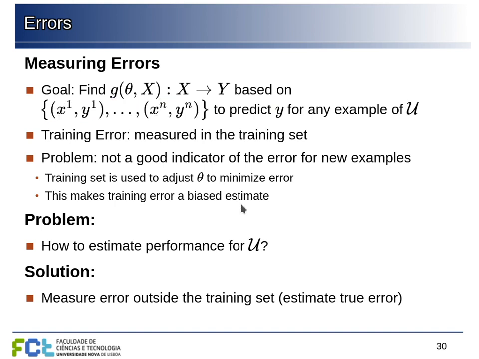This means that we are adjusting the parameters to minimize this particular error measure, and that can lead to overfitting because we choose a hypothesis that is too much adjusted to the training set and then doesn't work well outside the training set. So this would be the solution. We can monitor error outside the training set using another set of data that is not being used to optimize the parameters. This could be an estimate of the true error, which will be the error on average on the whole universe of data.